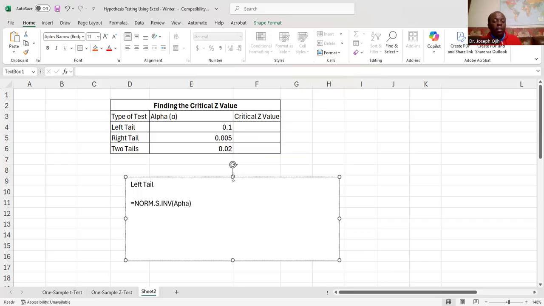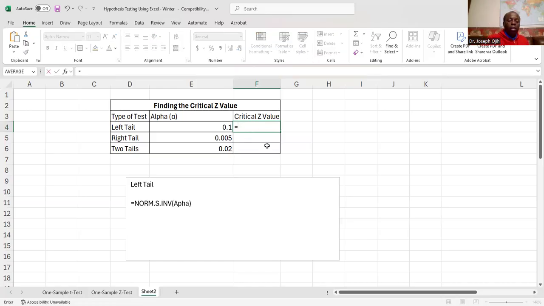So for the first one, left tail, the alpha is 0.1, so equals NORM.S.INV.